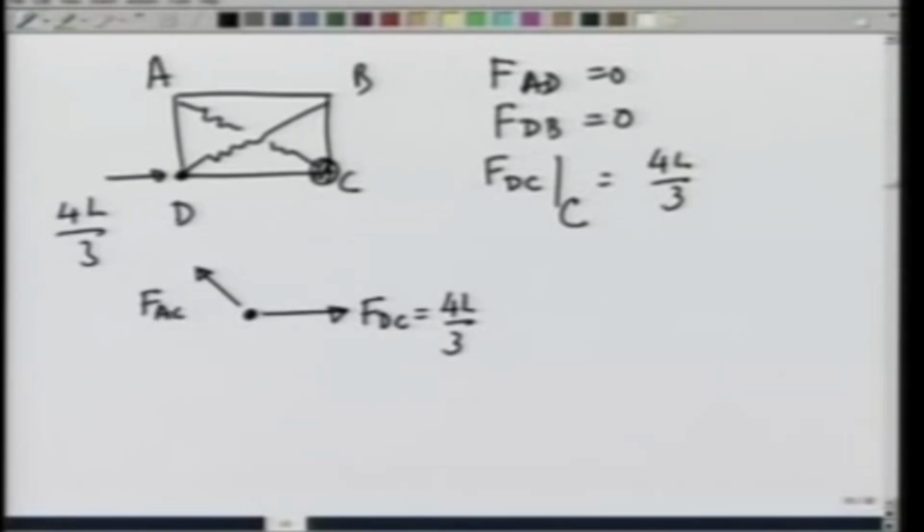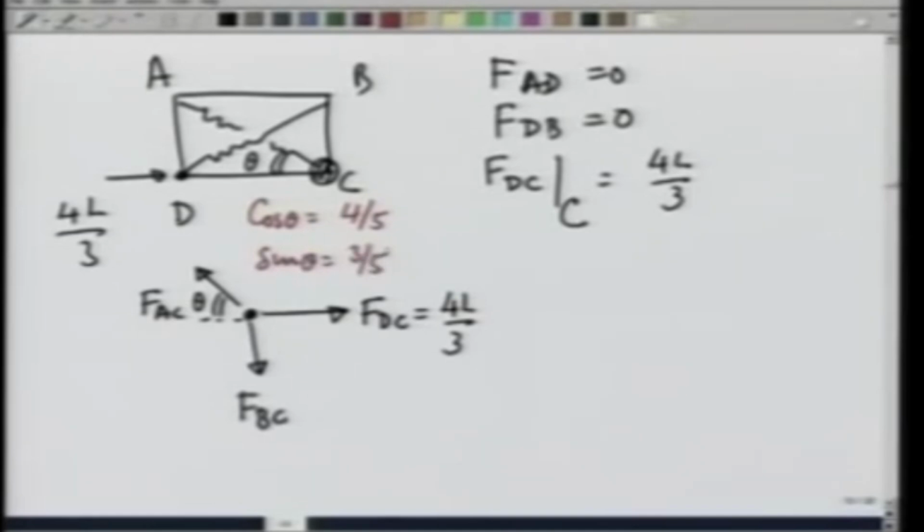That means AC rope is under tension, and remember again AC is a rope, so it can support only tension, no compressive force, and there is going to be a force F_BC. This angle is, let us say, theta. Cosine of theta is 4/5 and sine of theta is 3/5.